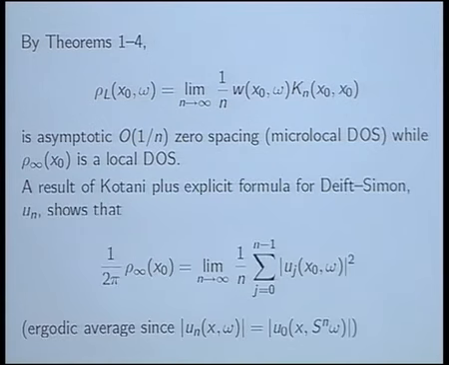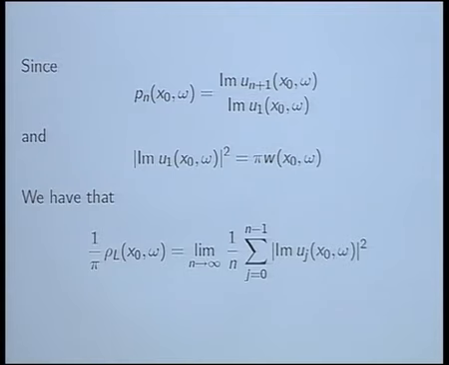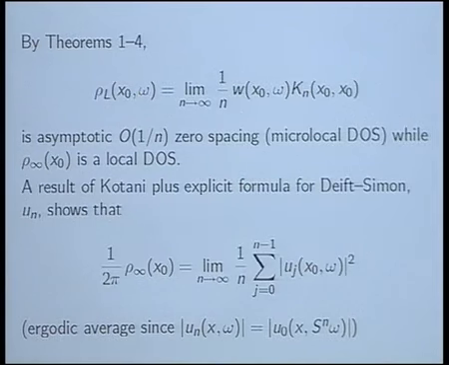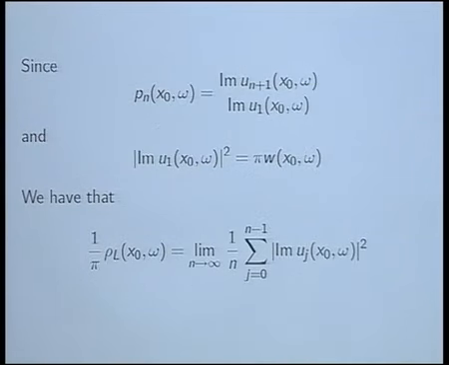If you use one of the theorems in Kotani plus Deift-Simon, you can figure out the density of states is the ergodic average of the square of these Deift-Simon wave functions. And if you futz around with what the P_n's are, you discover that this local density of states is an average of the imaginary part. So here you have the absolute value, but you notice there's a 2. Here you have the imaginary part. And so what you really need to know is that the average of the imaginary part and the real part is equal.